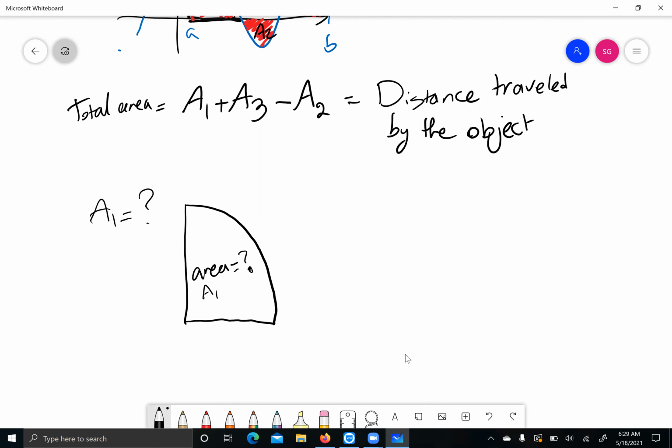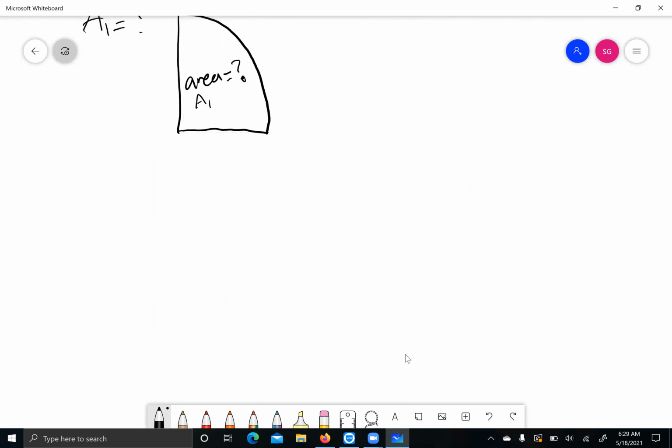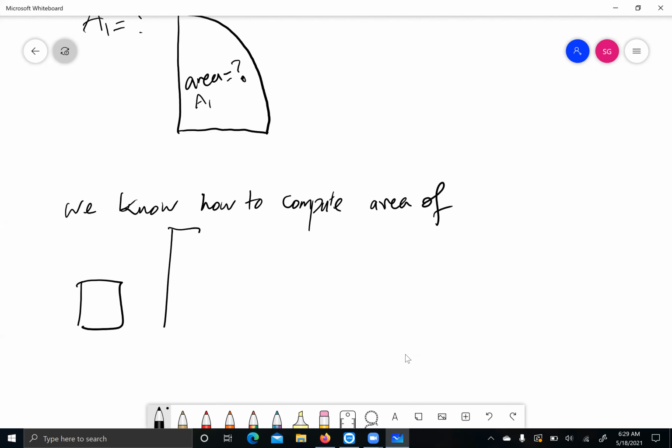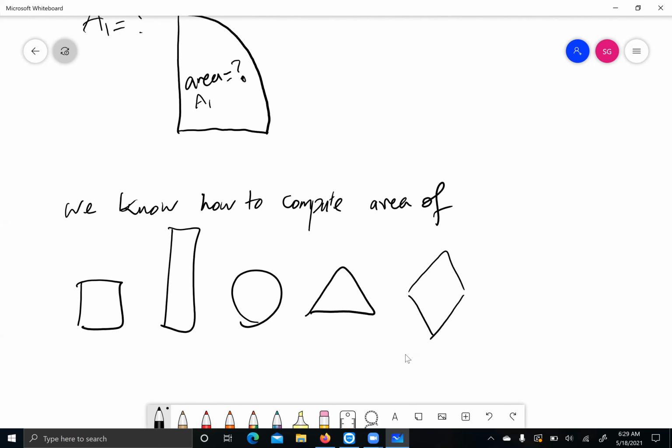But in geometry in high school, we learned how to compute the area of a square, rectangle, circle, triangle, and other basic shapes, but we have just a limited set of shapes that we know how to calculate.